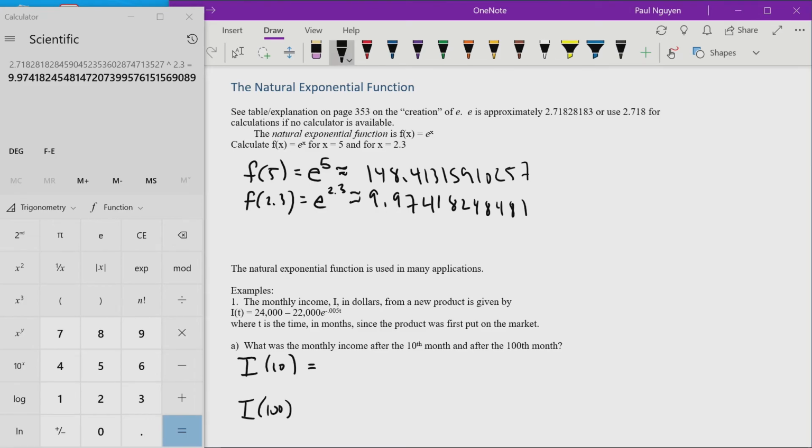I of 10 is 24,000 minus 22,000 times e to the negative 0.005 times 10. To get this, you just plug it into your calculator, and you'll get 3,072.95.